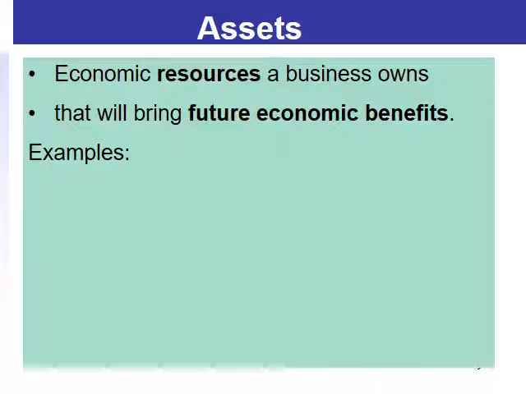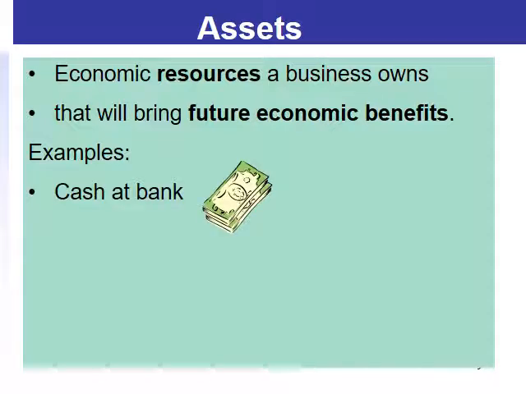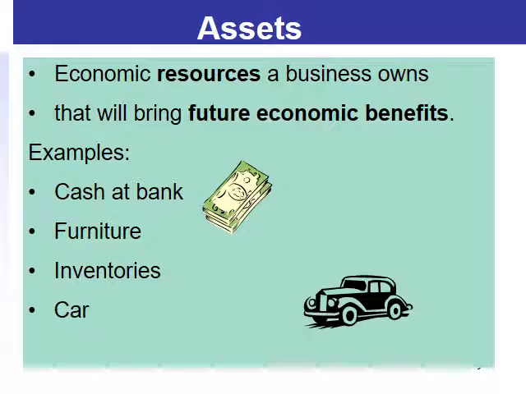Let's look at some examples here of assets. Cash. Cash at bank is an asset. Furniture. Inventories. Car. And account receivables.